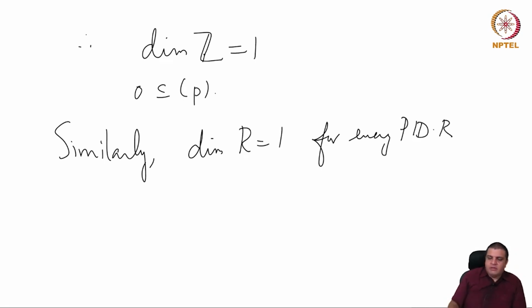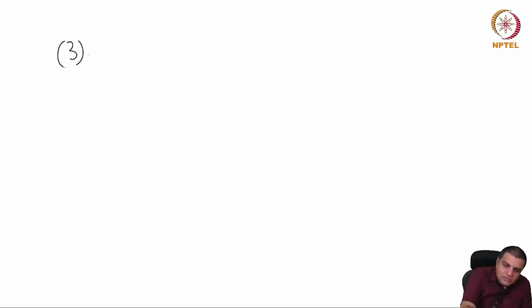Same argument: maximal ideals are generated by irreducibles, and the only prime ideals are either maximal or 0, so any chain will look like this. So this is one example, and another, just a half example. The other half is what we will struggle quite a bit to prove.